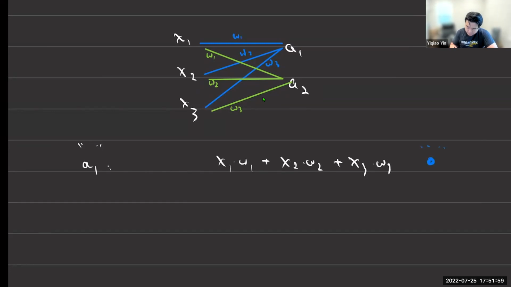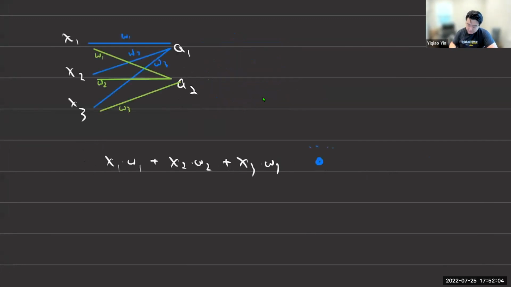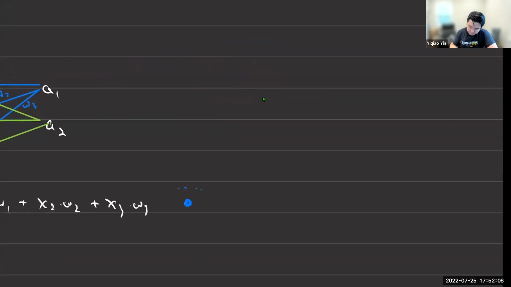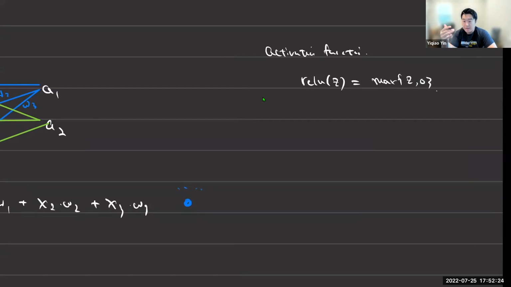Then you're going to throw this into some sort of activation function. So what is an activation function? The first one is ReLU. With ReLU, you throw the input z inside the function, and it gives you the maximum of z and 0. What that means is you compare z to 0. If it's positive, you let it go. You don't change anything, it's z by itself.